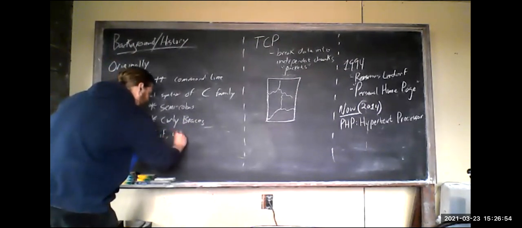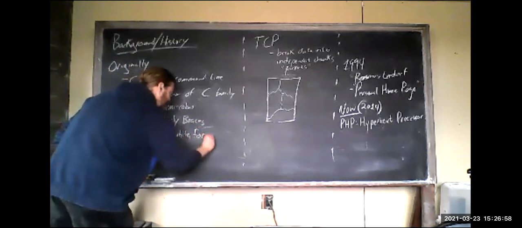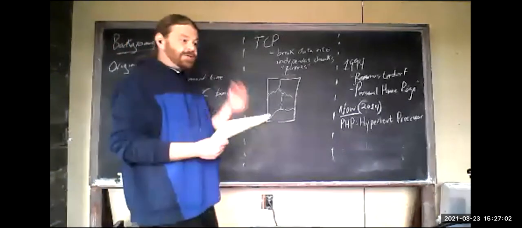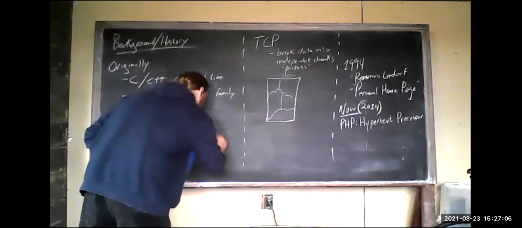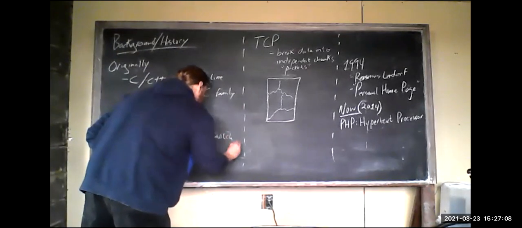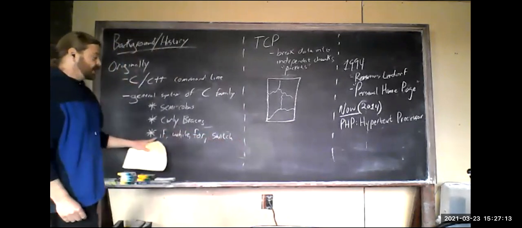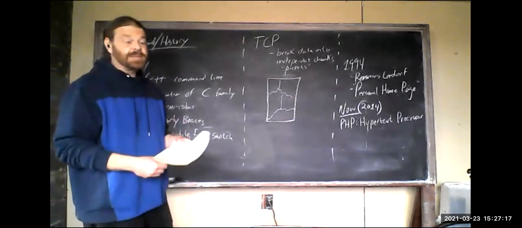The if, while, and for syntax. We have the same type of if selection structures. I might as well put switch there as well. If, while, for, and switch. So switch is a selection structure like if. We'll see those soon. And then while and for loops, we have that same C++ syntax.